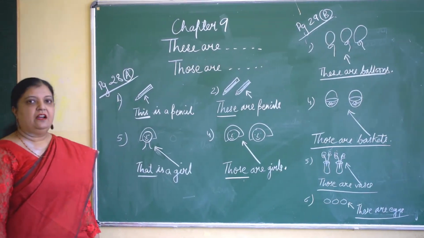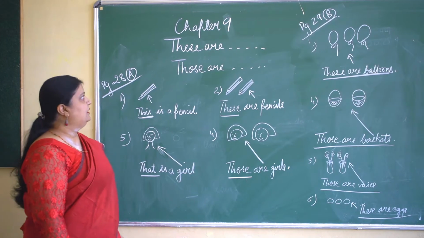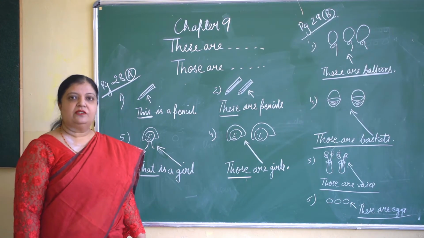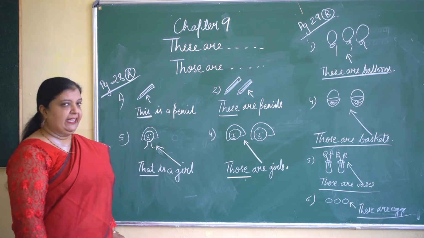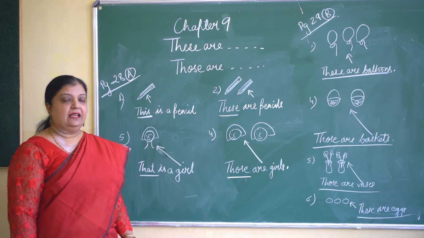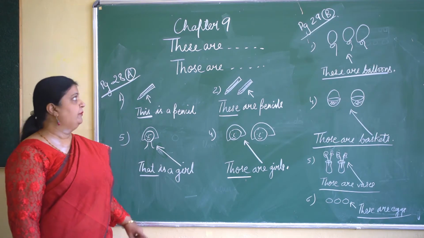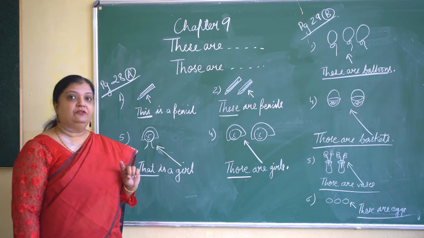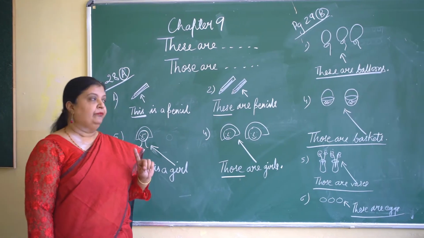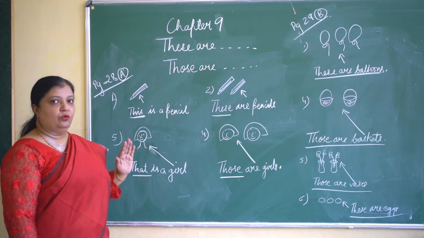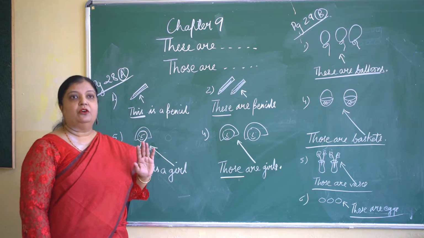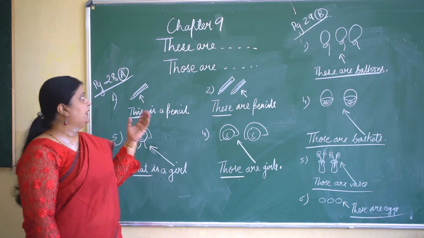Now children, we will start chapter 9. These are, those are. Chapter 8 was this is and that is. So this and that were used for one, and these and those will be used for more than one.